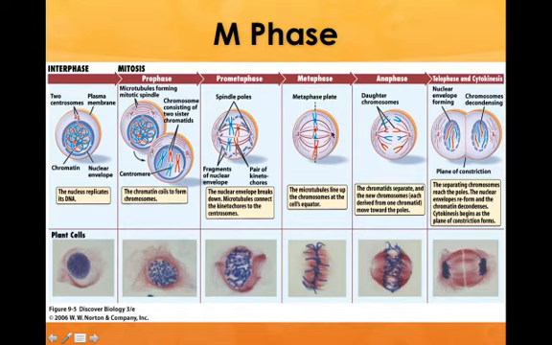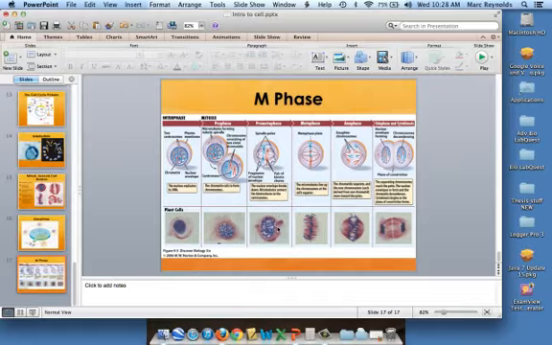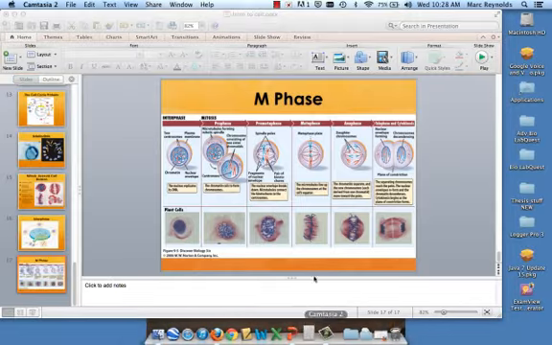Some of the microtubules are going to attach to the centromere region of the sister chromatids, and as they attach, we enter the next phase called anaphase, where they begin to degrade the microtubules and start to pull.